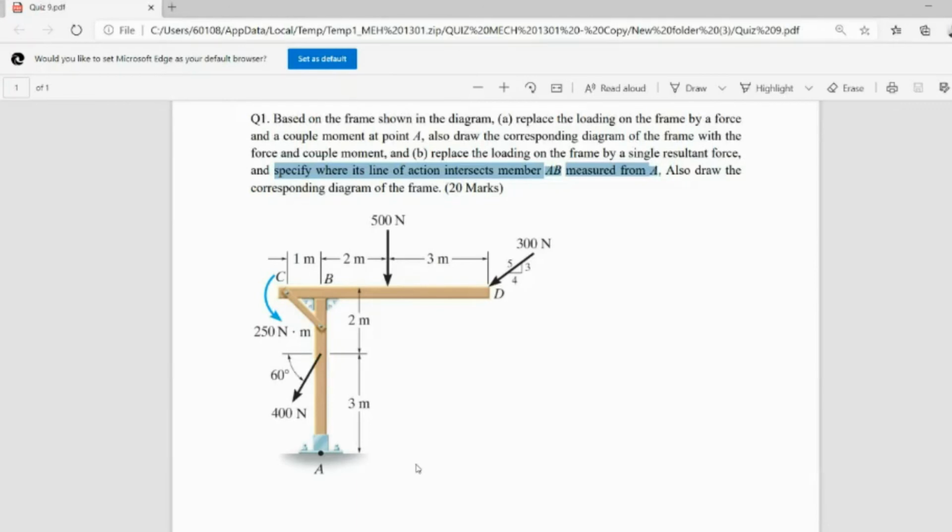Otherwise it can point in any random way, meaning the answer is not complete. Just like in chapter 2, when you calculate a resultant, you always have to state theta, because otherwise the answer is not complete. Okay. Thank you, sir.